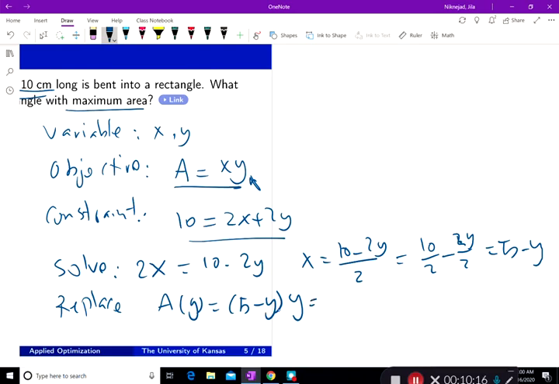If we remember this from pre-calculus, we would distribute y, and we end up with a quadratic function. In pre-calculus, we can find the maximum of a quadratic function.